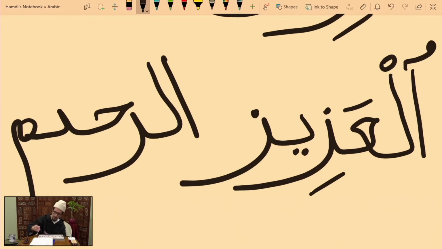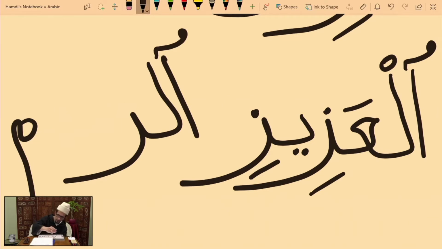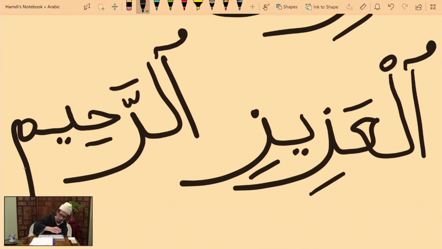In the verse it is because of its place in the sentence. It is Al-Azizi, Ar-Rahimi. Sorry. Tanzeel Al-Azizi Ar-Rahimi.